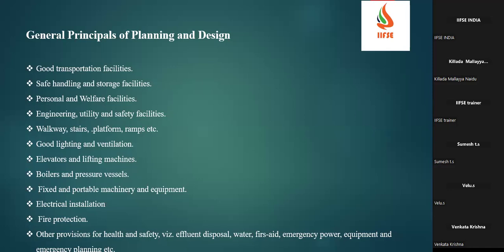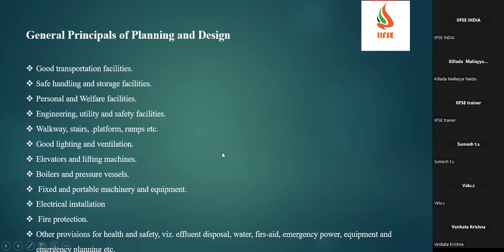For this we also have Indian standards based on the area where they are working, with respect to the shop floor, storage area, gangways, general area, warehouse, manufacturing process, quality area or inspection area, where we have multiple requirements with respect to lighting and ventilation, and elevators and lifting machines.